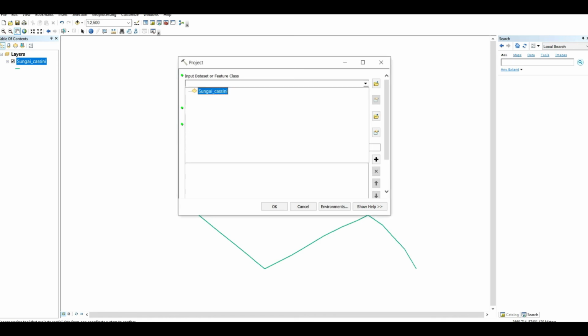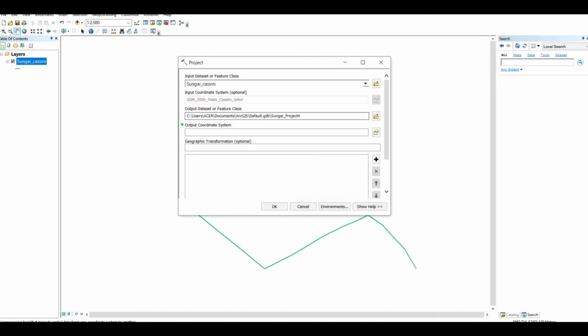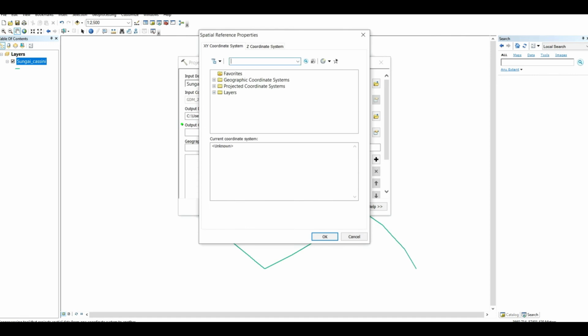So for the input, we choose Sungai Cassini. So it is stated. For the output, it is what we are going to change to, which for our group we have to change to MRSO geocentric.